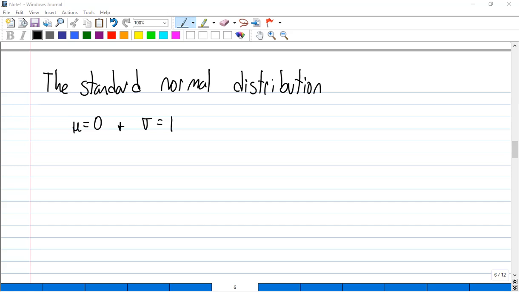All right, so if the mean is equal to 0 and the standard deviation is equal to 1, that simplifies things a lot. And we can find areas under the curve, under our bell-shaped curve, very easily.